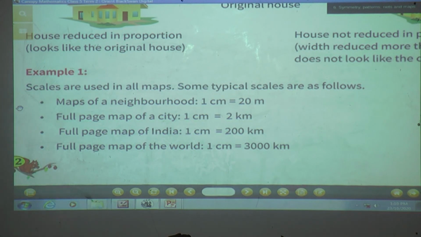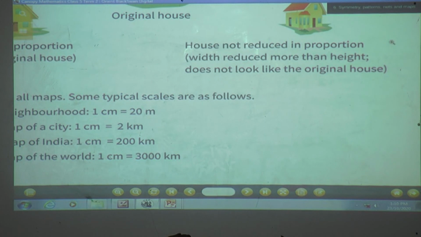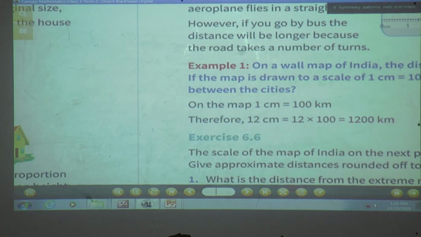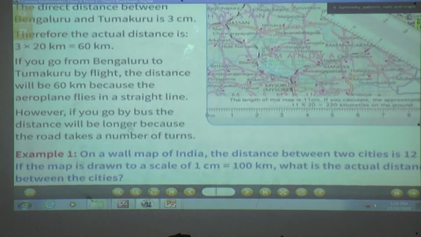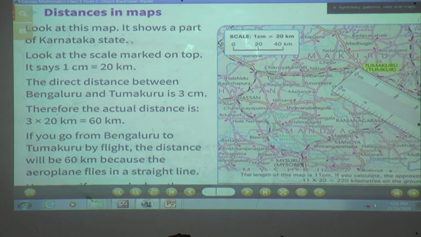Now distances in maps. See page number 93, we'll see distances in maps. Here, see students, look at this map. It shows a part of Karnataka state.